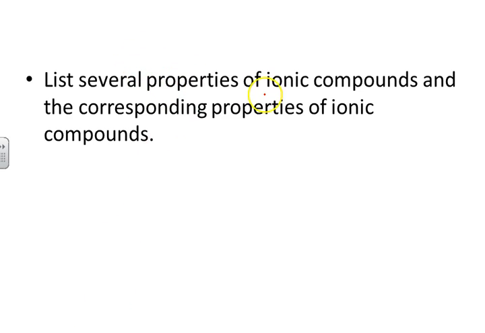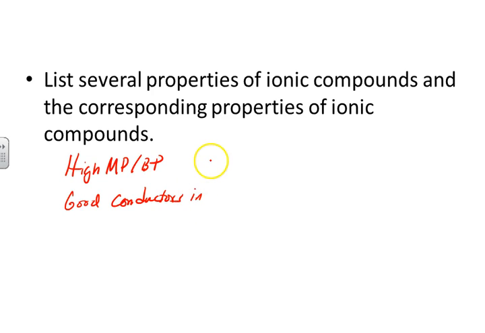We then want to list several properties of ionic compounds and their corresponding properties for covalent compounds. Ionic compounds have high melting points and boiling points. They're good conductors in liquid phase. These are ionic.